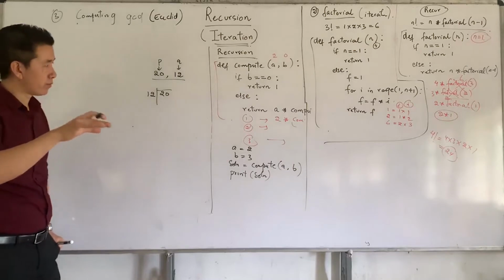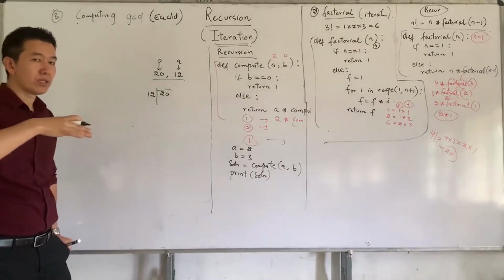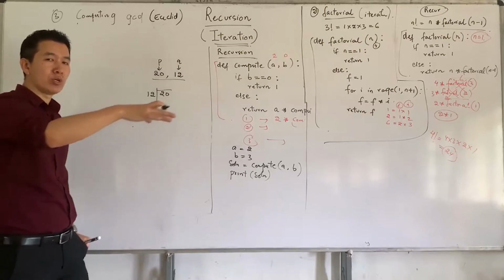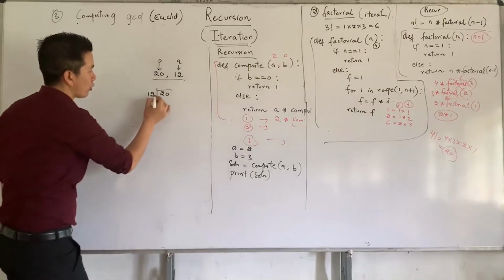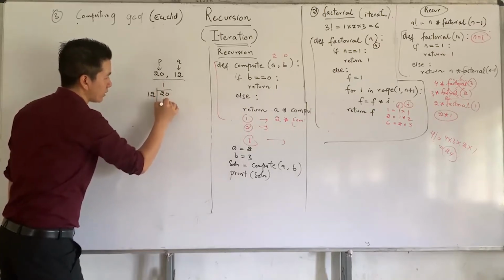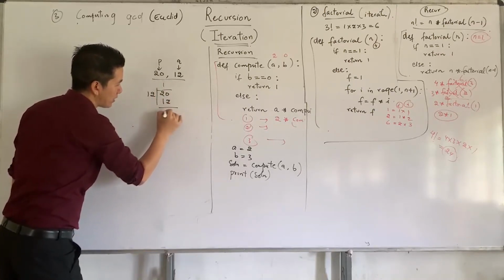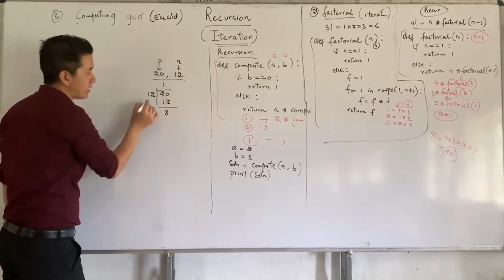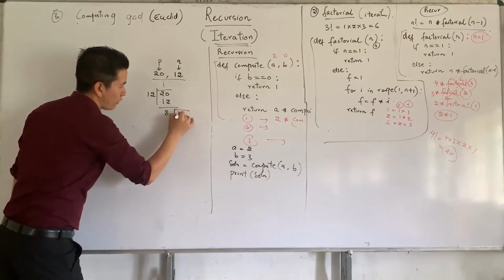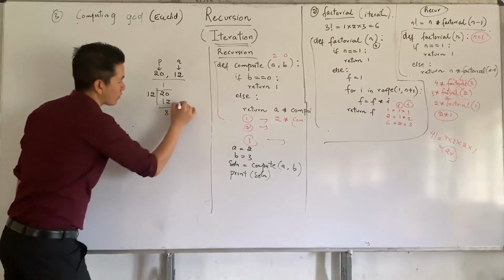Be very attentive, because I want to smoothly move on from the mathematical algorithm into the program. So just divide 20 by 12. 12 times 1 is 12. You will get the remainder as 8. And then get the divisor as the dividend. You have 12. 8 times 1 is 8.